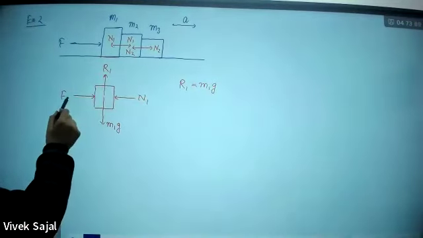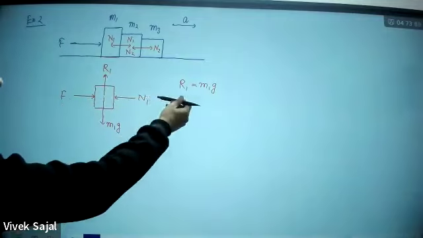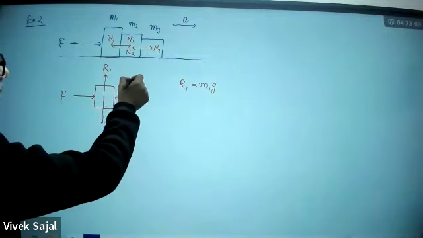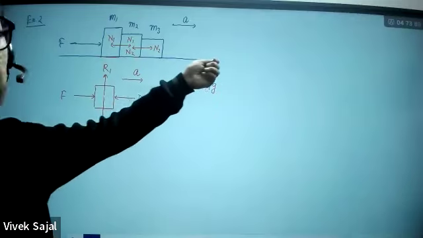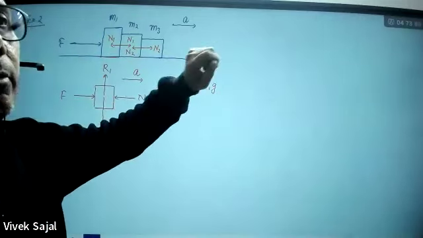So look here, in this direction force F is acting, N1 is opposing it, and what is the acceleration? All the three blocks are moving together, so the acceleration of all three blocks will be the same.